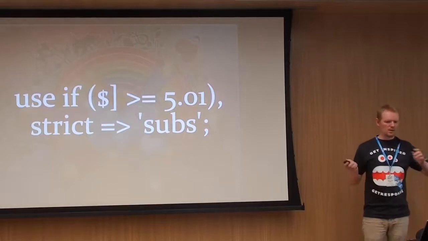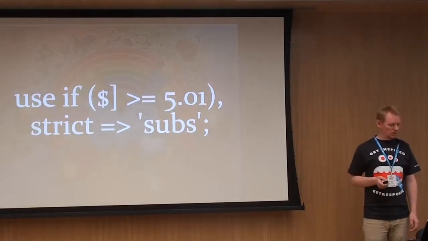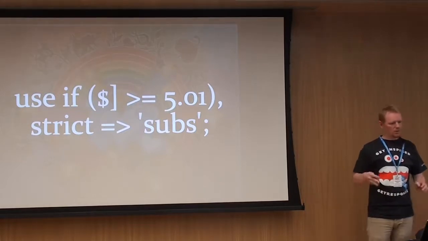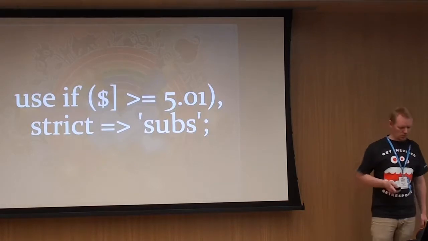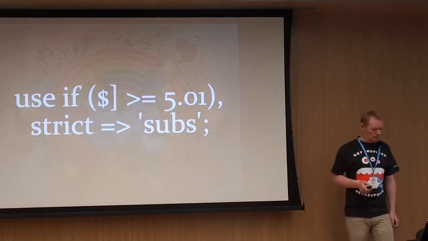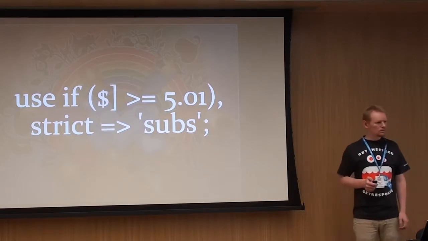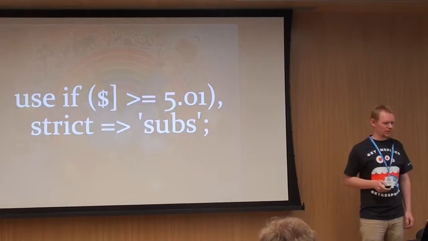So there will be someday 5.18, 5.20 in it when I compile with this, and it will be upgraded when Perl 5 does new releases and this module applies to the new version. Makes sense. So it's the Perl 5 version, not the Perl version. It's the Perl 5 version, yes. It's the fake Perl 5 version.